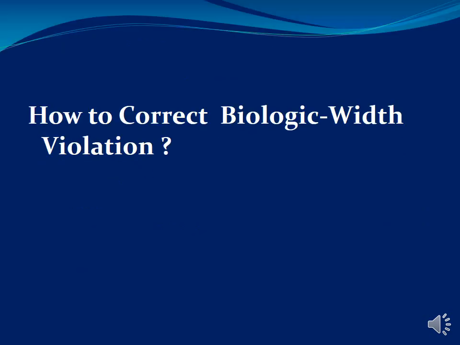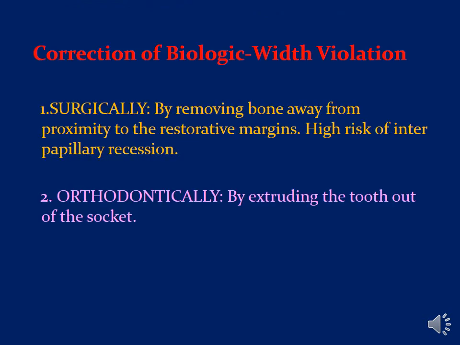How can you correct the biological width? Correction of the biological width violation could be done either surgically or orthodontically. Surgically, by removing the bone away from the proximity to the restorative margin.